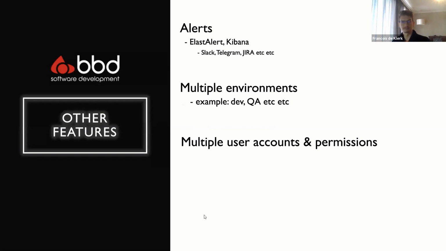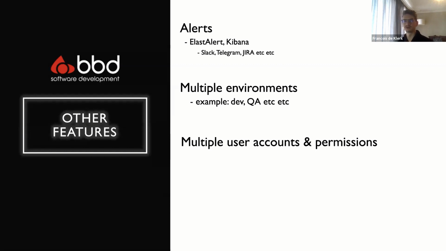So what other cool features does Kibana provide apart from actually seeing all this stuff? I think a crucial one, especially if you work for a company like BBD, is that you want to know if stuff goes wrong before the client knows. That's all about alerts, so setting up some sort of alert system is quite crucial.